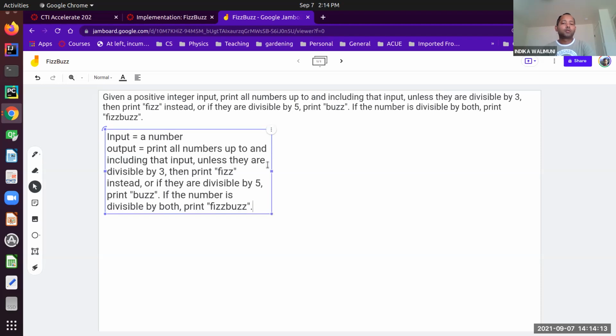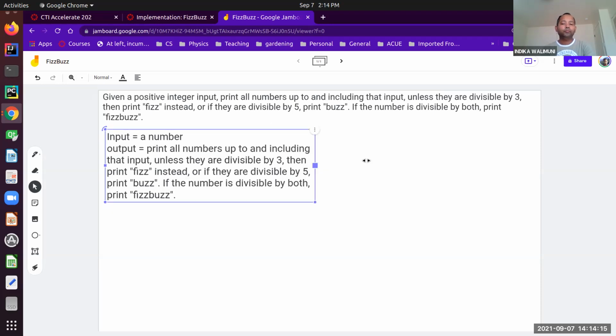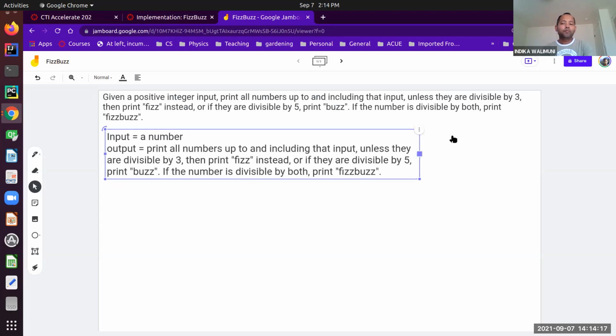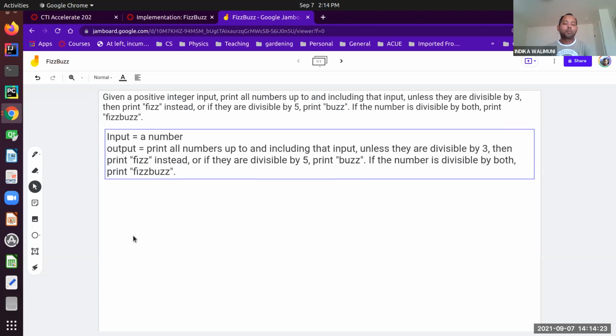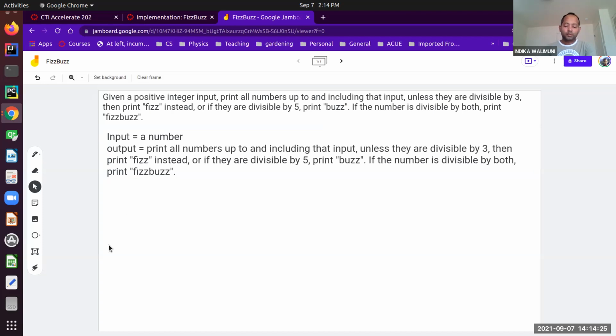All right. So let's see if we can break down an example. Let's take a simple number example, like number 3.